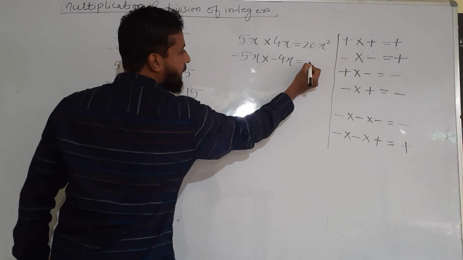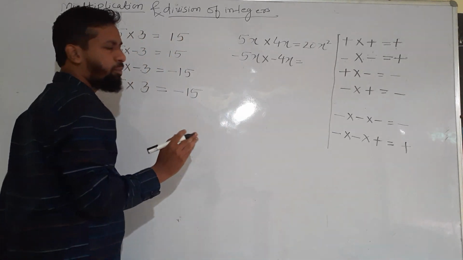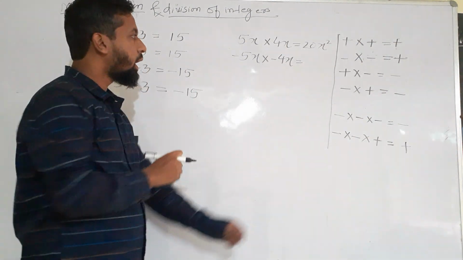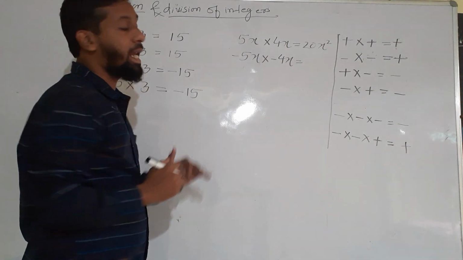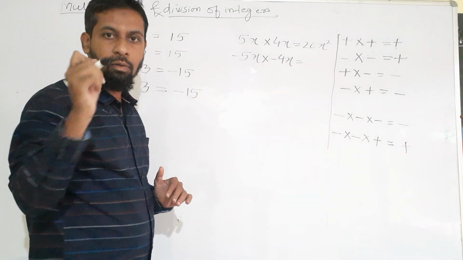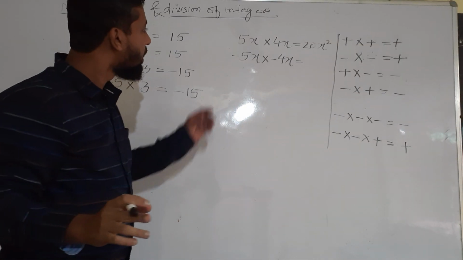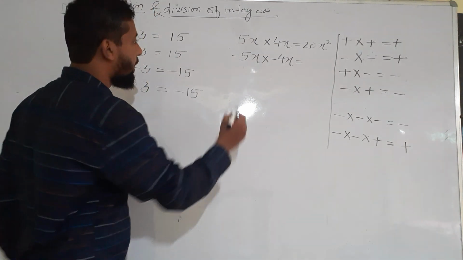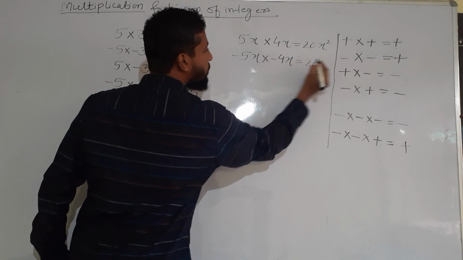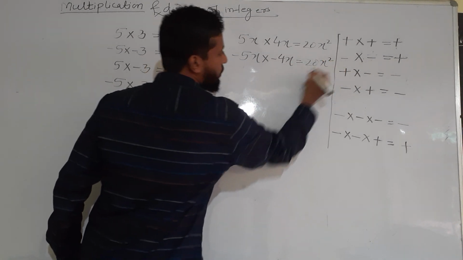Minus into minus is plus. If plus is the sign and you do not mention it, it's okay. If minus is the sign and you do not mention it, then you will not get the right answer. Keep in mind. First multiply the sign, then the number. 5 4s are 20. x into x is x square.